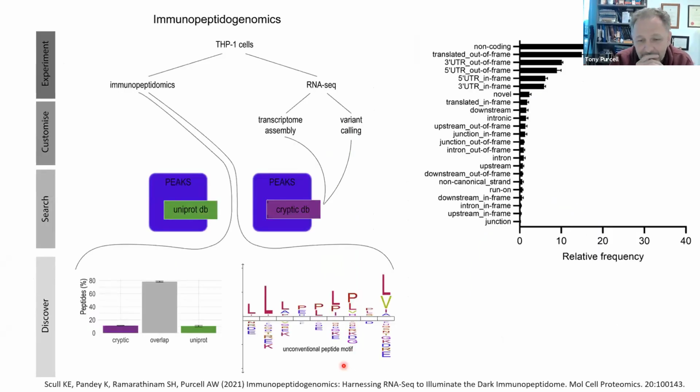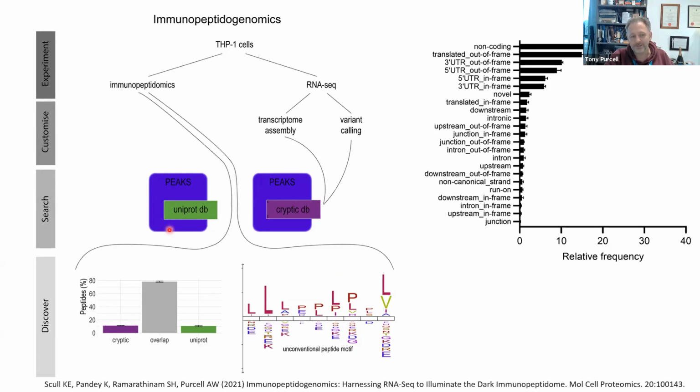The last thing I thought I'd talk about is a different workflow that we've just recently published. For the sake of time, I'll just say that we've been using RNA-seq data to generate both a cryptic database of dark immunopeptides, and a more traditional database search, to see whether we can drill deeper.